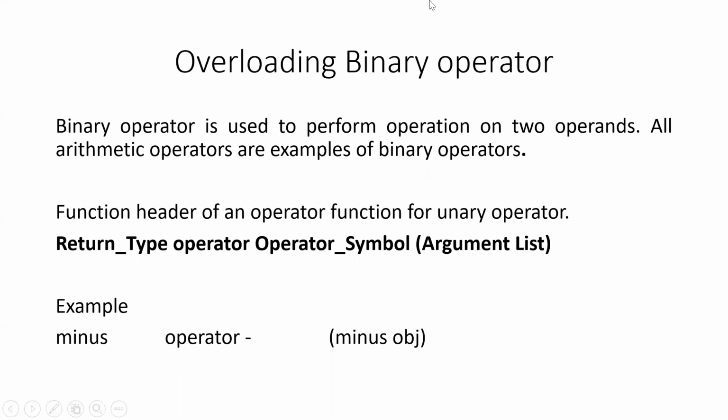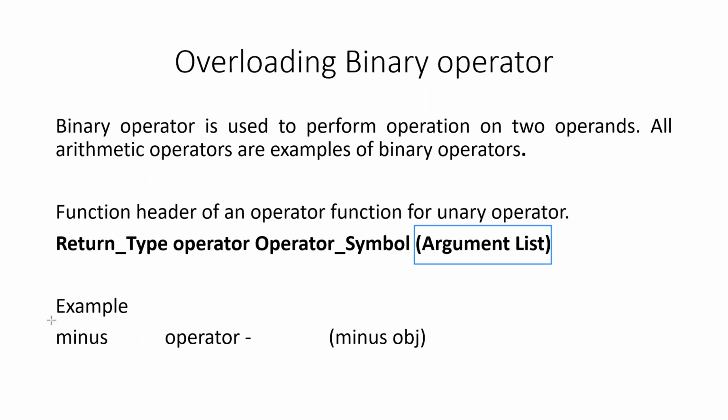So how is the syntax different from overloading a unary operator? The difference between the two is in the argument list. Because there is something on the right hand side of the operator in case of overloading the binary operator, that object or that variable on the right hand side will be passed as an argument to the operator function.